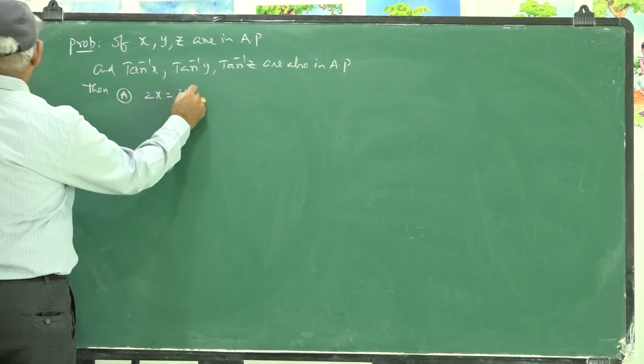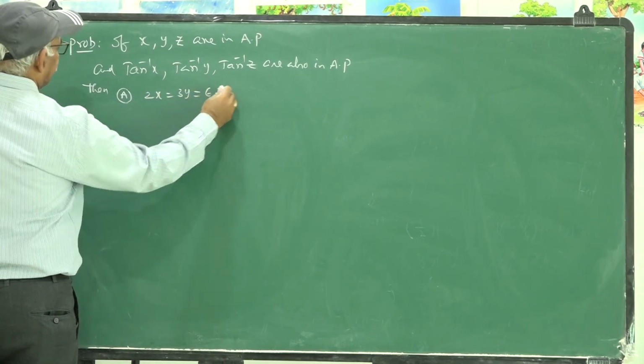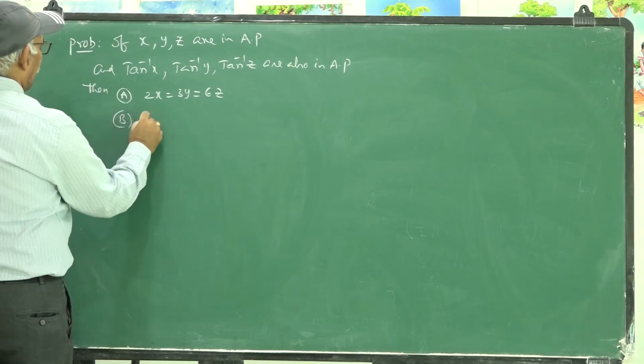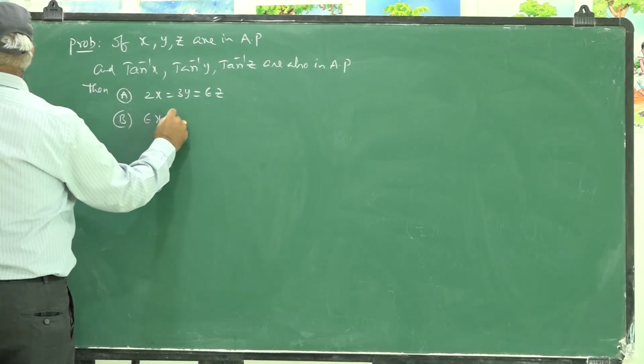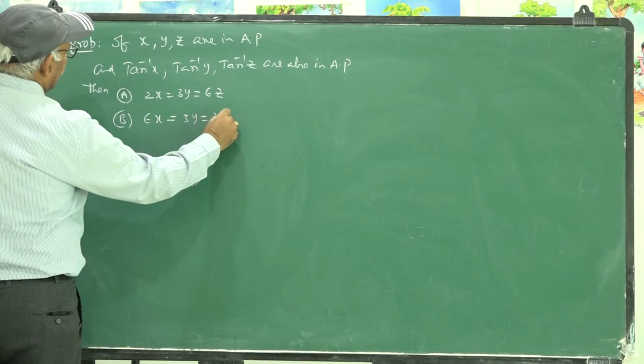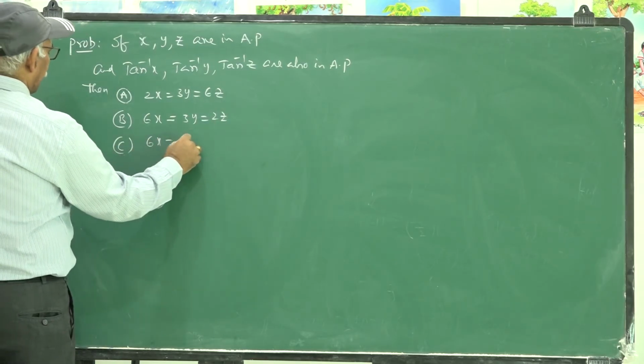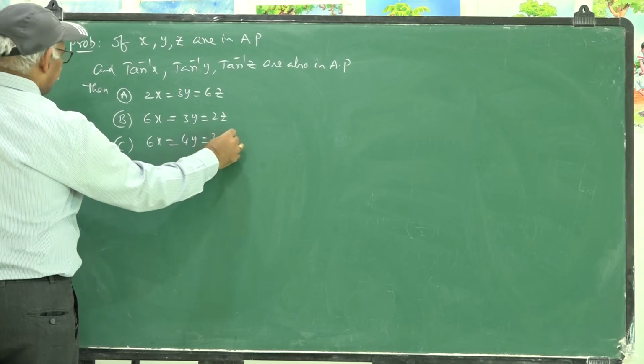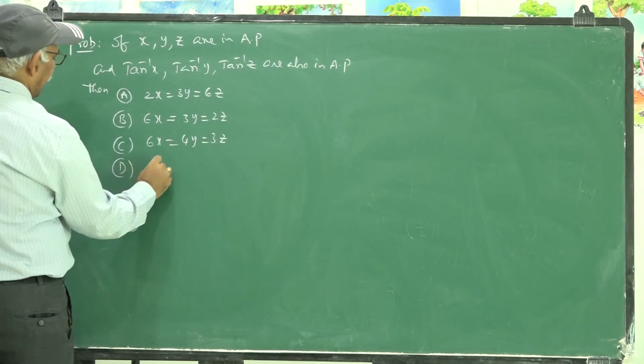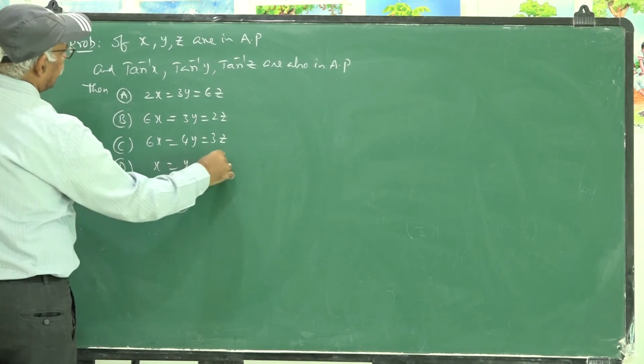A: 2x equal to 3y equal to 6z, B: 6x equal to 3y equal to 2z, C: 6x equal to 4y equal to 3z, and D: x equal to y equal to z.